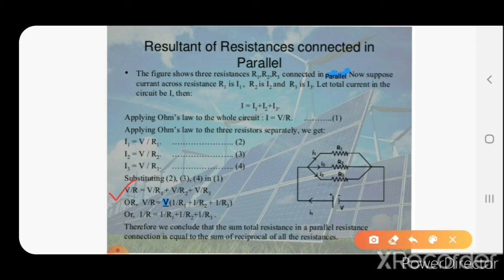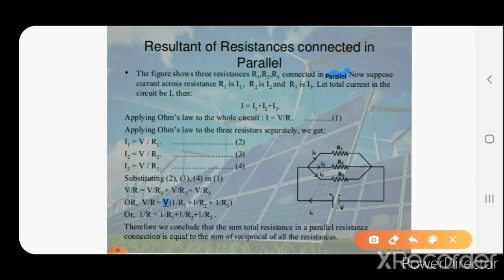Take V common, so V upon R is equal to V times the bracket 1 upon R1 plus 1 upon R2 plus 1 upon R3. V cancels out with V, then it becomes 1 upon R is equal to 1 upon R1 plus 1 upon R2 plus 1 upon R3.